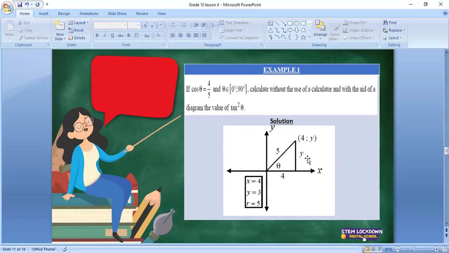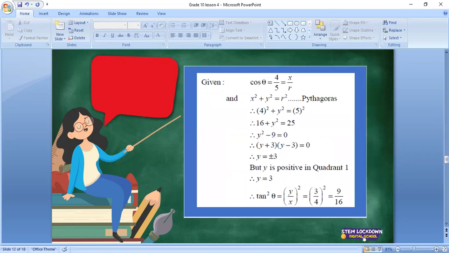This side is unknown, so you use Pythagoras theorem to find your y. Here you have 5, here you have 4, and you don't know this one. Using Pythagoras theorem, you get 3. So y is plus or minus 3.